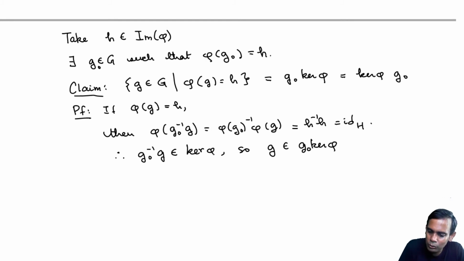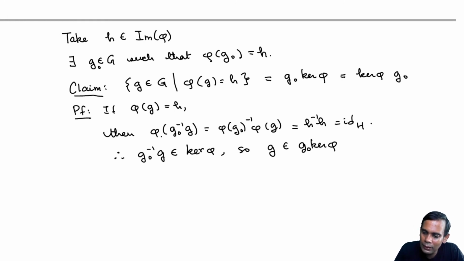I'm just multiplying both sides of this equation by g0. You can do the same thing for kernel of phi times g0. For this inclusion, you just write it the other way, phi of g times g0 inverse.